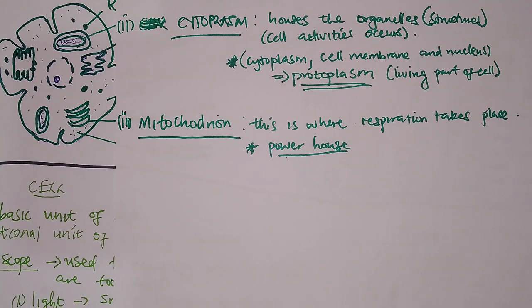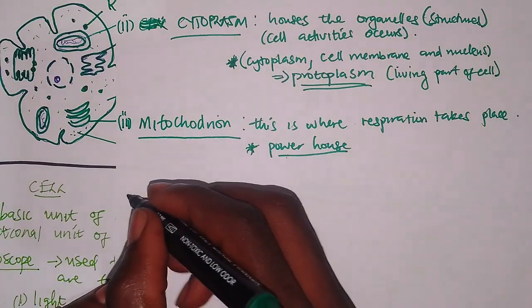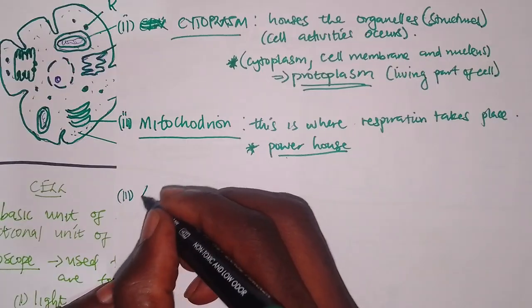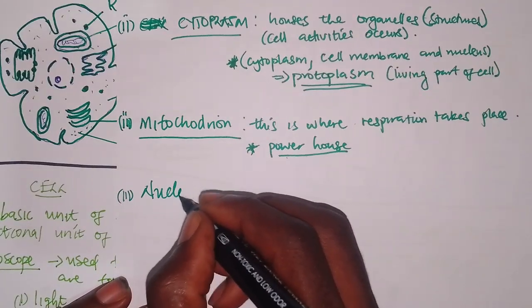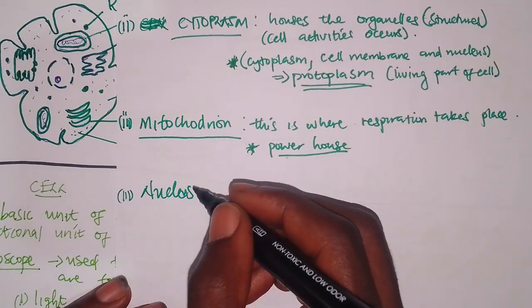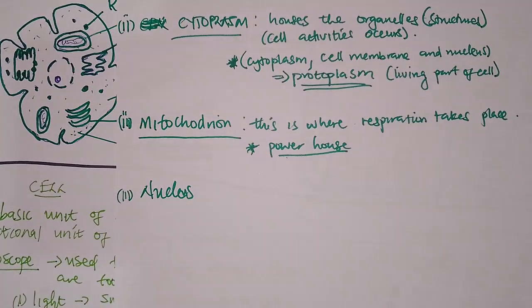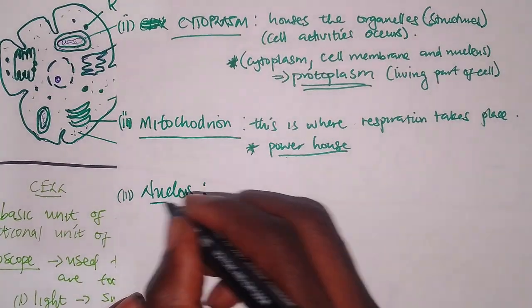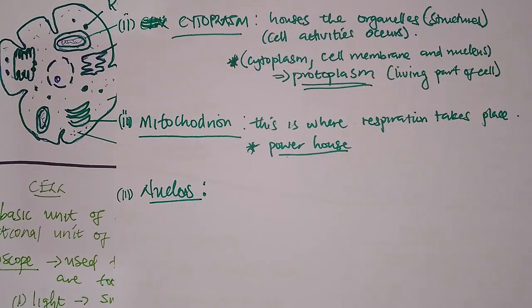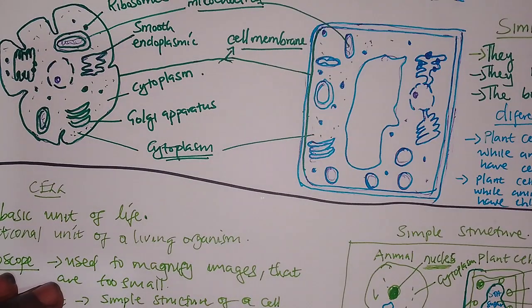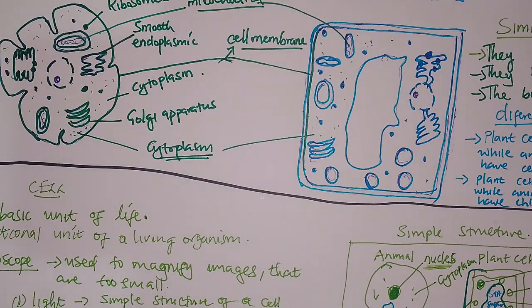So the next structure we're going to look at is the nucleus. So what is the nucleus, and what is the function of the nucleus? When we talk about the nucleus, how can you identify the nucleus on the diagram?